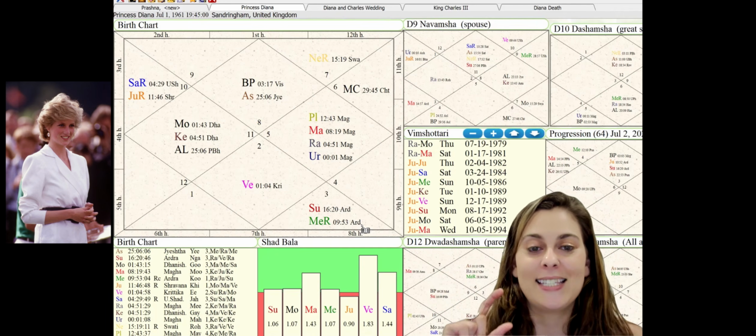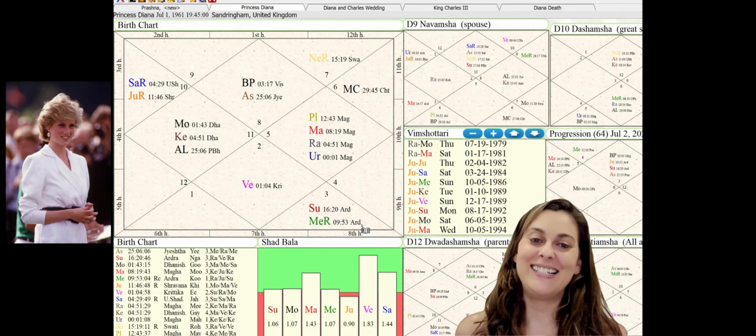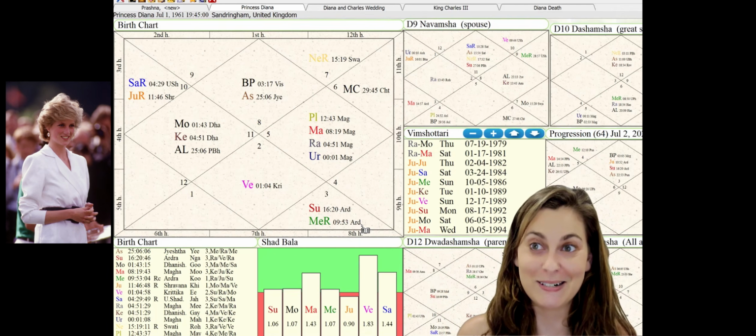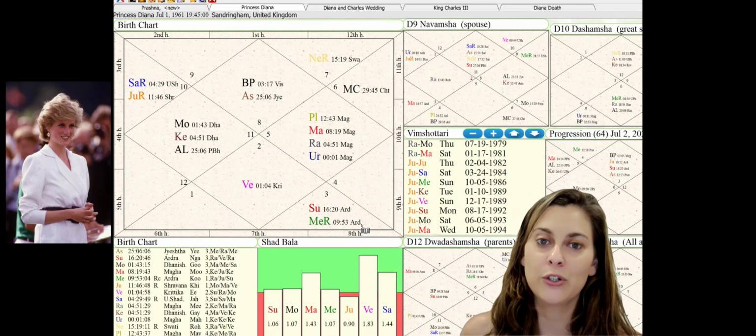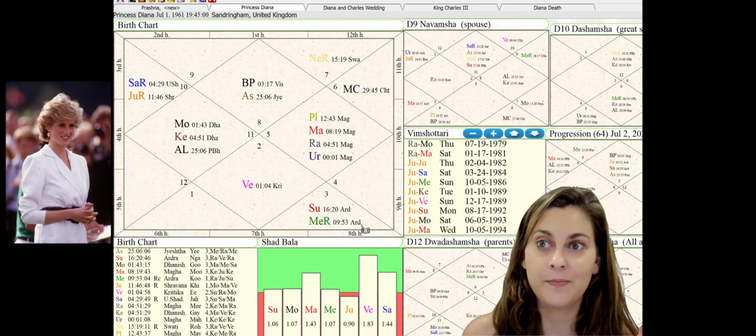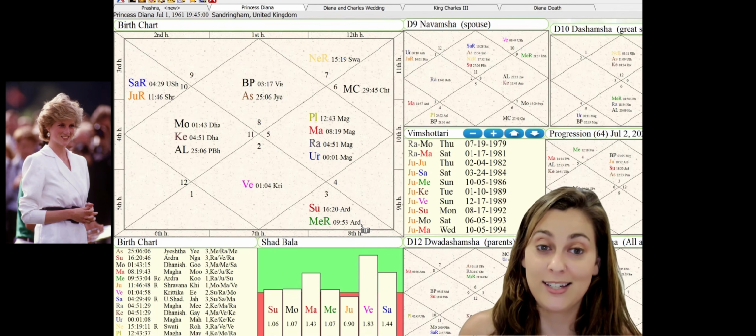What's interesting is that it's in Ardra. Ardra is ruled by Rahu, and the deity is Rudra, the storm. The people with Ardra placements are going to go through intense emotional storms to get to the truth. This means Mercury in Ardra is extremely intelligent.